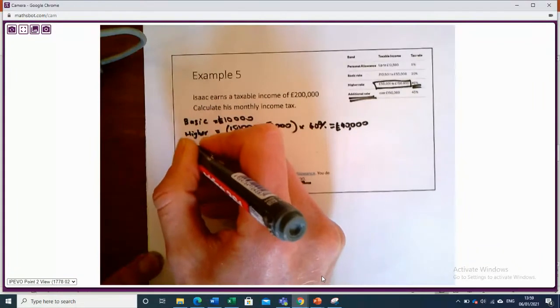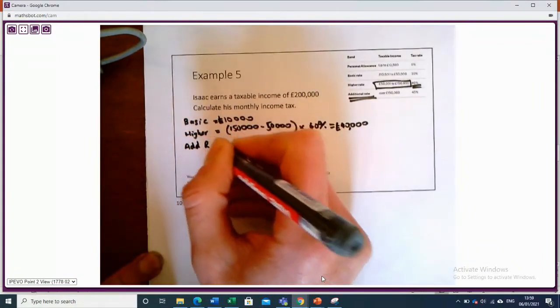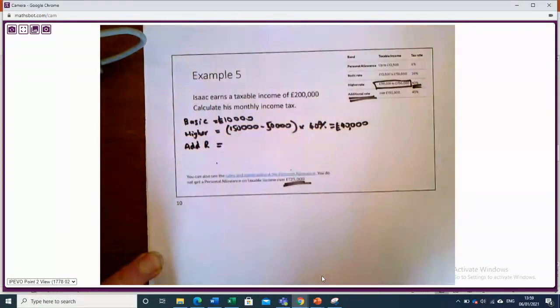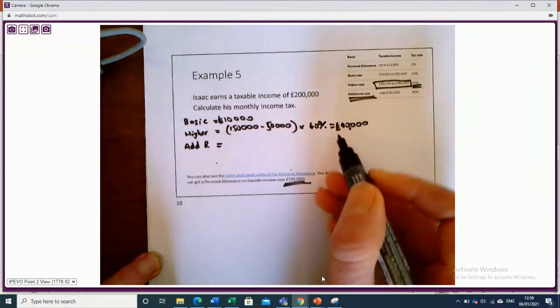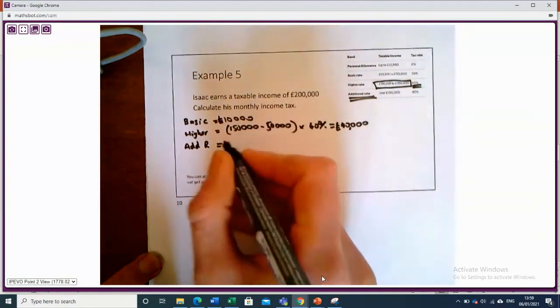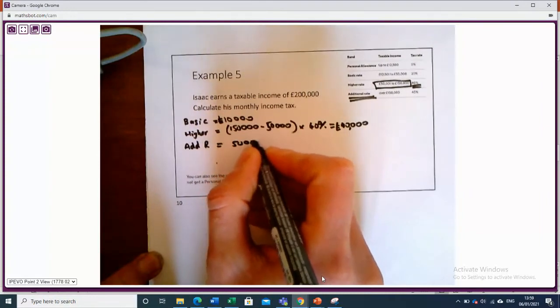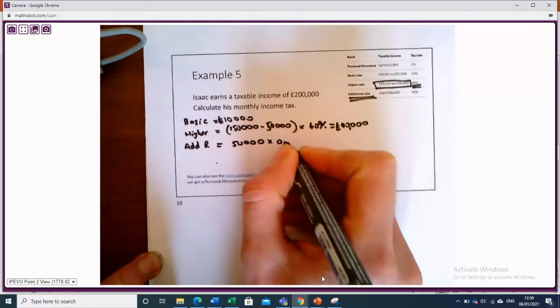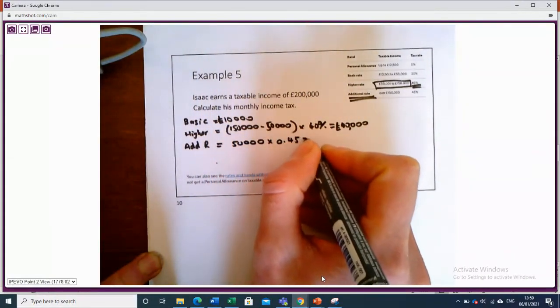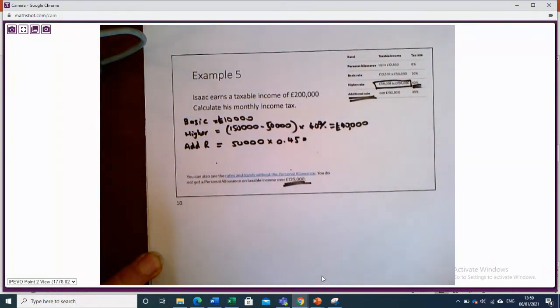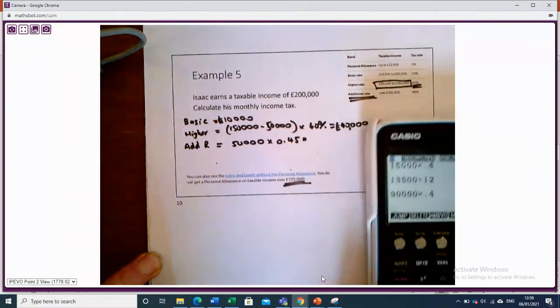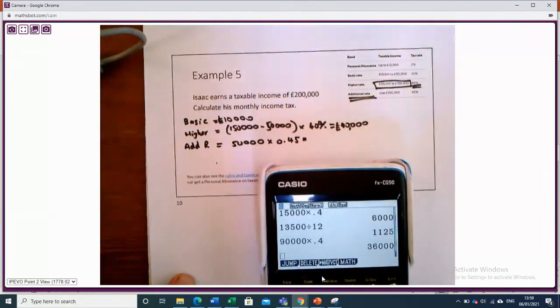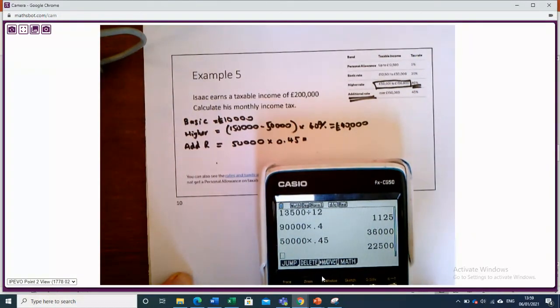He then also pays the additional rate. Anything over 150,000, so this is 50,000 over. Mixing up my percentages and decimals there. So that's 22,500.